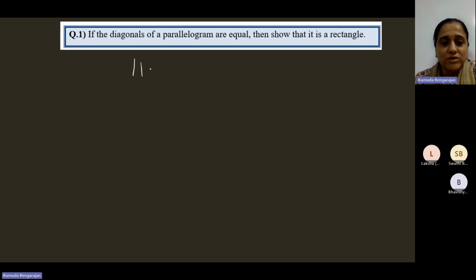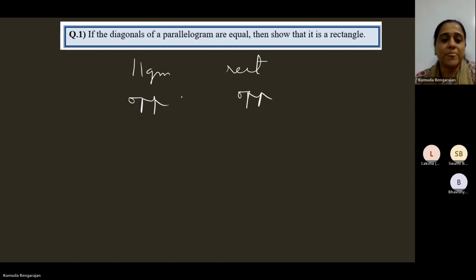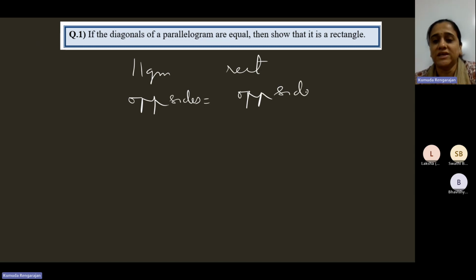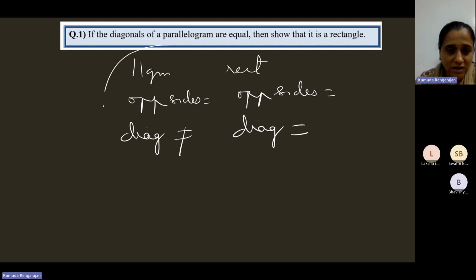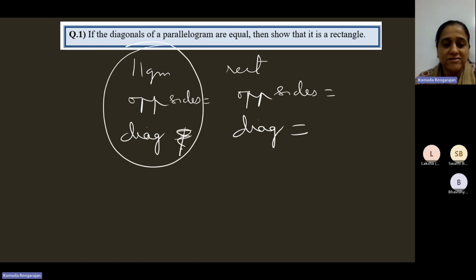In a parallelogram and a rectangle, opposite sides are equal. Diagonals are not equal in a parallelogram, but in a rectangle the diagonals are equal. So in the parallelogram, when the diagonals are equal, it's a rectangle.